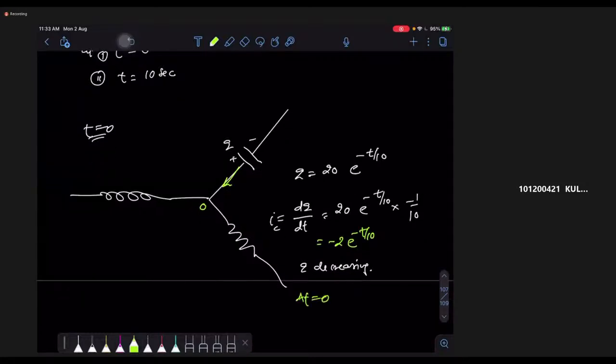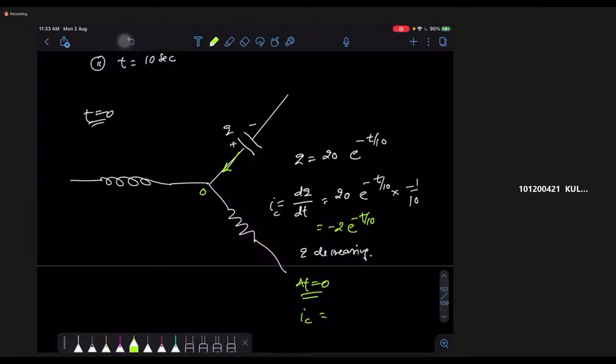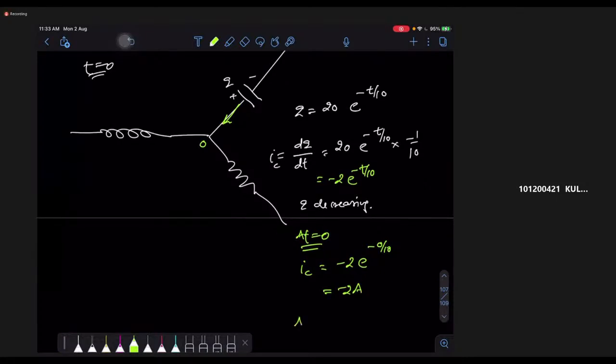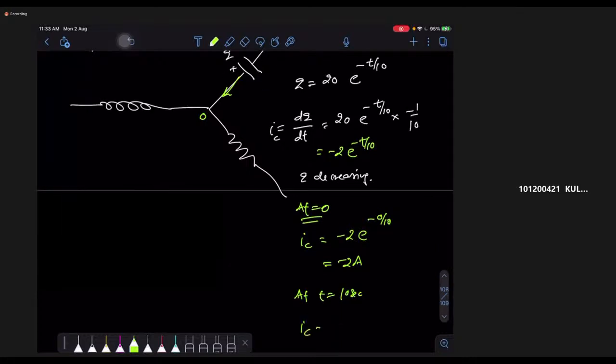At time equal to 0, how much is my current through the capacitor? It is minus 2 e raised to the power 0, times 1. So that gives me minus 2 amperes. Okay, so the current is going to be 2 amperes. At time equal to 10 seconds, what is the current through the capacitor?